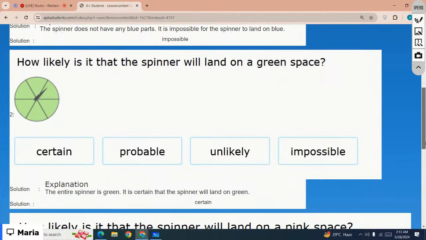How likely is it that the spinner will land on green space? So which is the correct option?